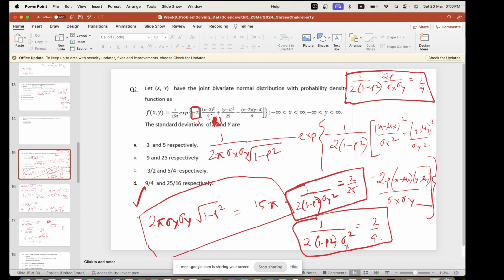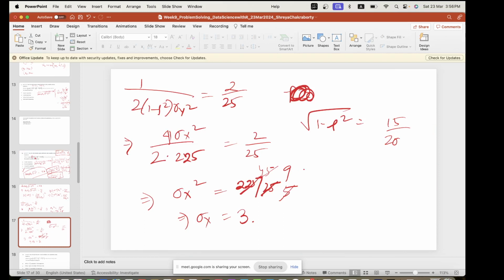My advice would be to form these equations and then deduce the values, and also to check whether the conditions are holding or not. That would give you increased confidence in your calculations. Like when I was making a mistake, I calculated rho square to be something negative, so that shouldn't happen, right?